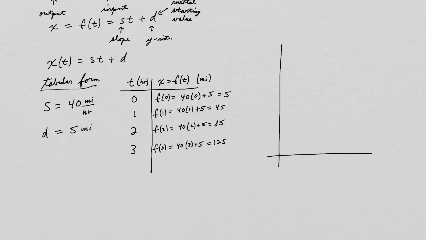So this is our time in hours, and this is our distance from the station in miles. This is like our x, this is like our t.